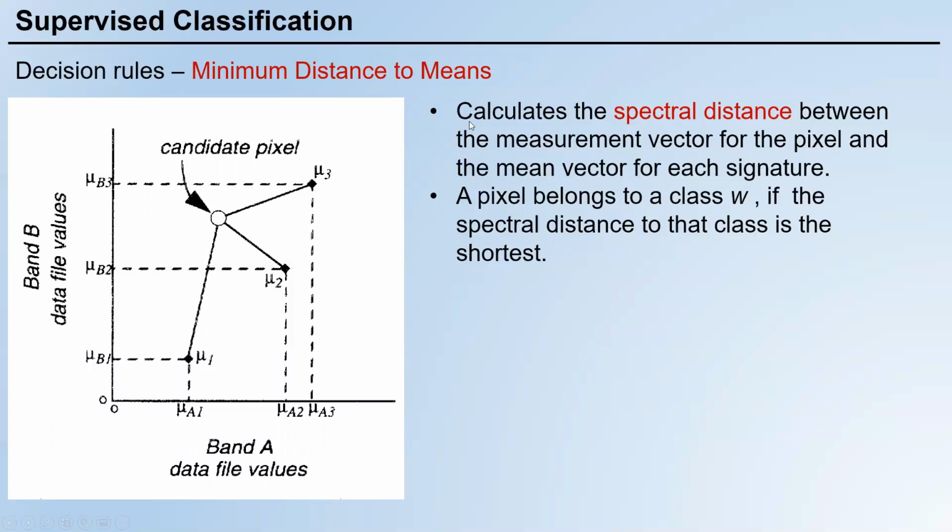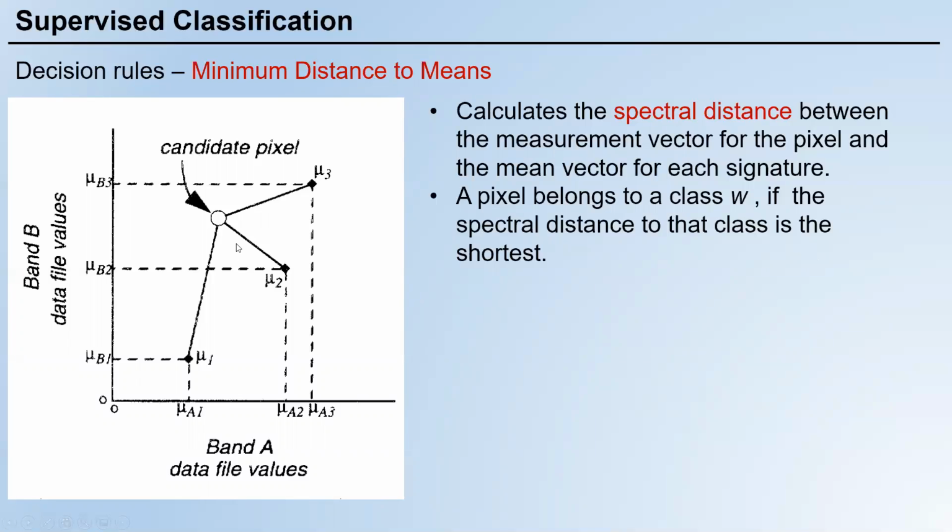What do we do? We calculate the spectral distance between the measurement vector for the pixel and the mean vector for each signature. This is where the candidate pixel is, right? And we have mu1, mu2, mu3 as means or centers of class 1, class 2, and class 3.